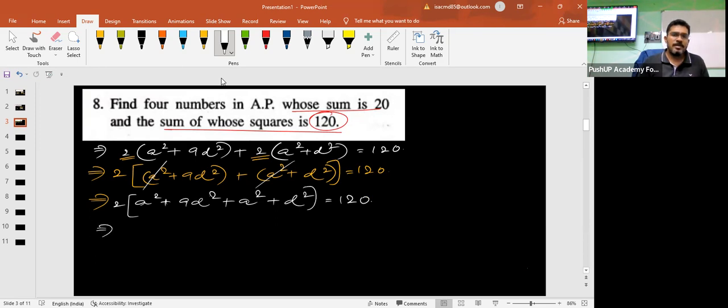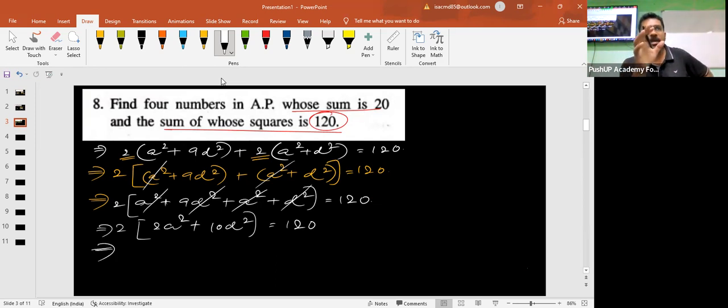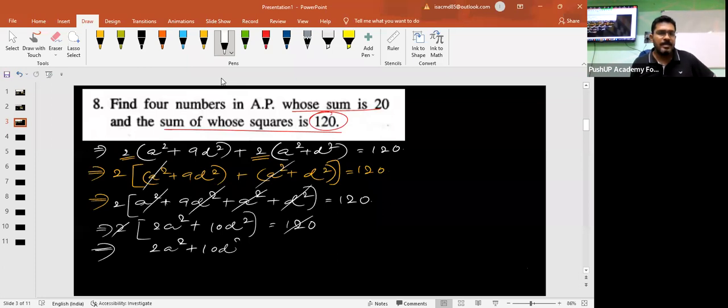Now this implies 2a square plus 9d square plus d square is 10d square, equal to 120. I'm just simplifying, children. Even though I know the value of a, I'm not substituting it here, because I want to simplify everything and then solve. So if you notice, 2 and 120 will get cancelled. So 2a square plus 10d square is equal to 60.